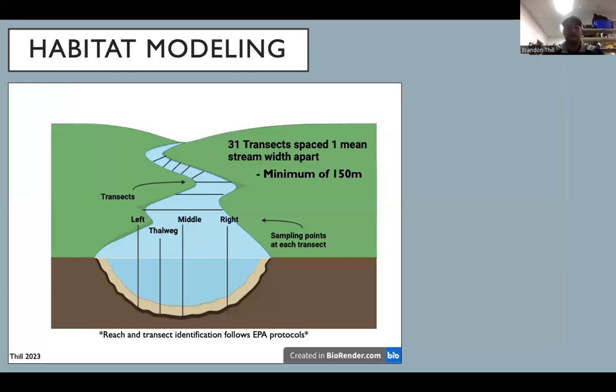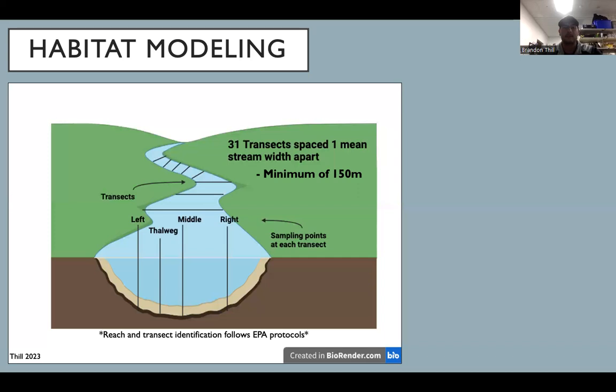So aside from temperature, we looked at habitat modeling. And essentially, this is giving us variables within the stream that may or may not relate to the temperature. So as I mentioned, we had 20 streams in total. And at each stream, we needed a stream reach, or a length of stream that we were to measure.